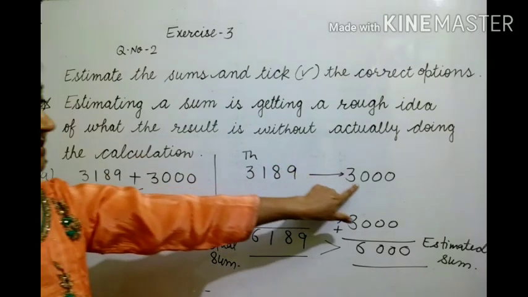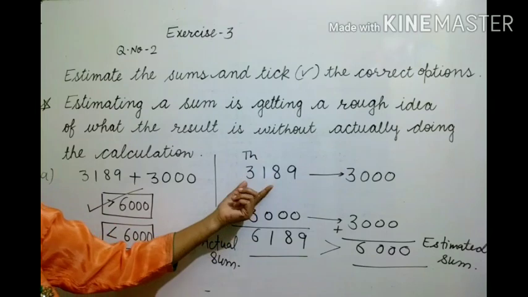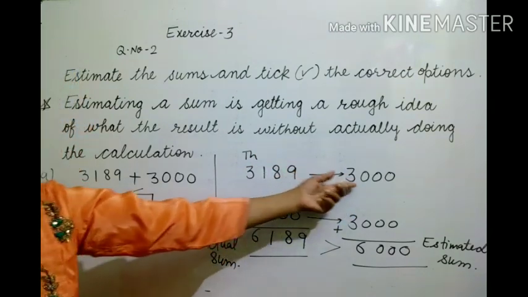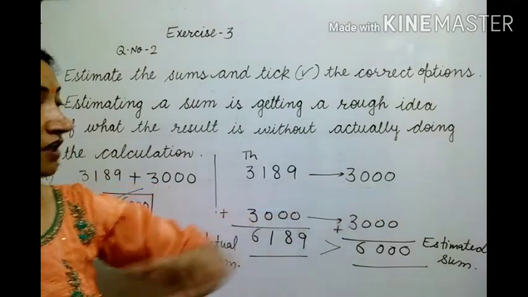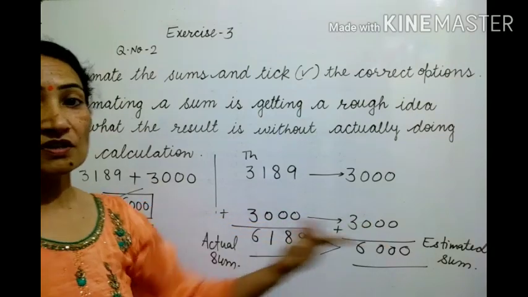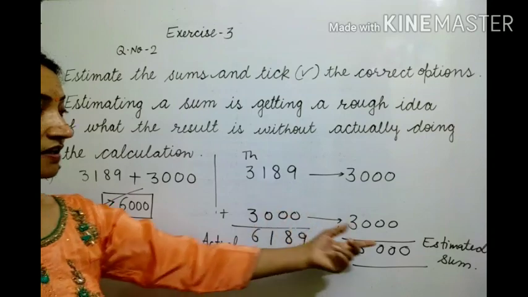3189 we will estimate; we will take a guess idea of this number nearest to the 1000. We will write the value 3000, and the guess idea of 3000 is also 3000. There is no other digit at the back, the 3 zeros are here.